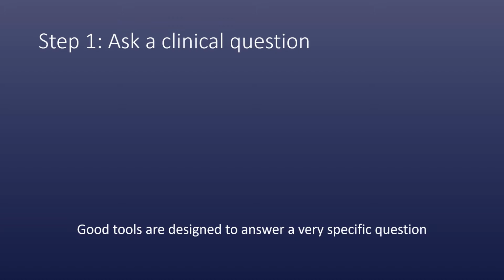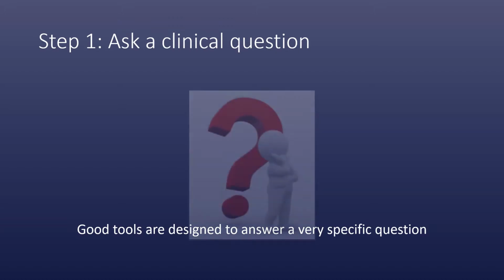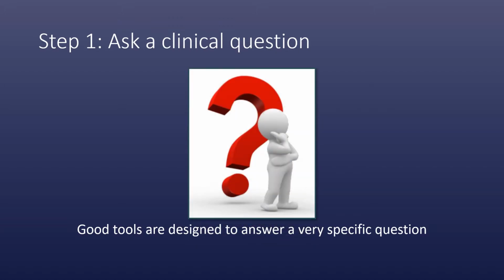So step 1, ask a clinical question. The best clinical decision tools were developed to answer a very narrow and very specific clinical question. I think it's easiest to understand why this is true if we look at a couple of examples. Let's look at the Nexus tool for cervical spine clearance.